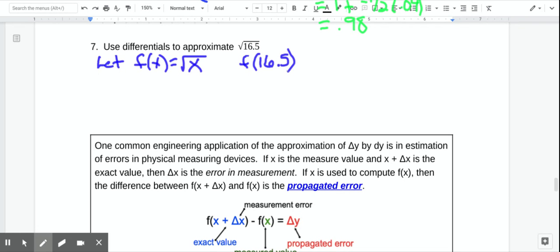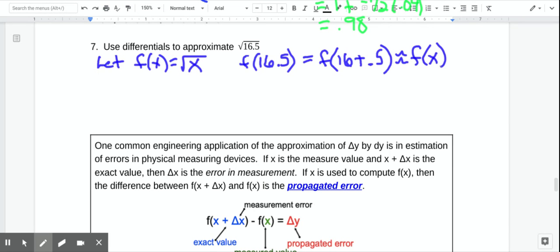Now, we don't know the square root of 16.5, but we do know the square root of 16. So we could just say, look, we're going to find the square root at 16 plus our dx is going to be 1/2. So using that same formula that we did in the last problem, it'll be using the tangent line approximation.